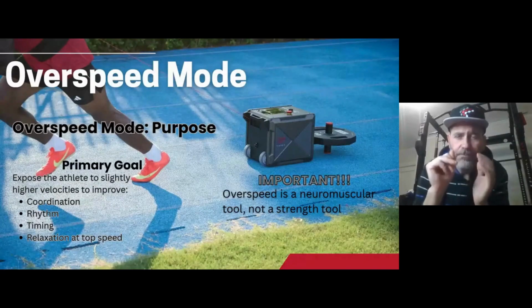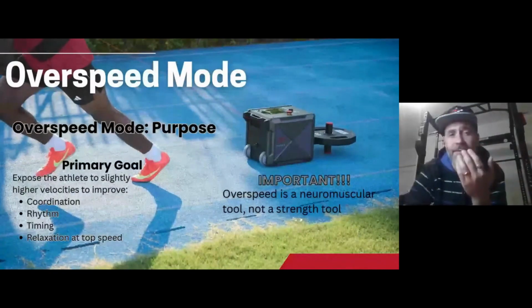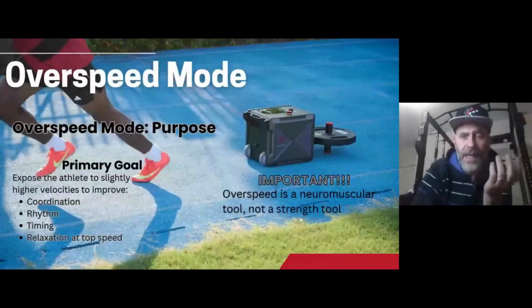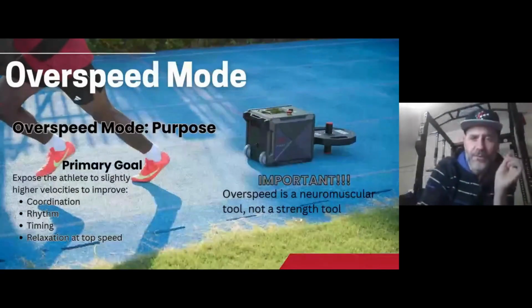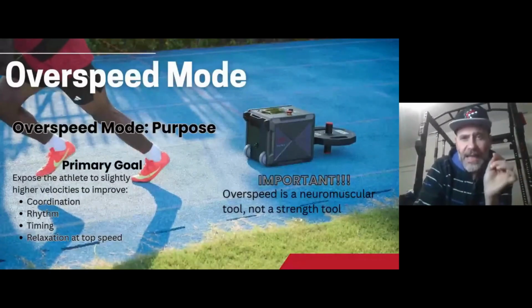And it's also important to note that overspeed is not a strength tool, but we can define it as a neuromuscular tool. And exposure to overspeed needs to be planned carefully, as it's very, very taxing for the central nervous system.